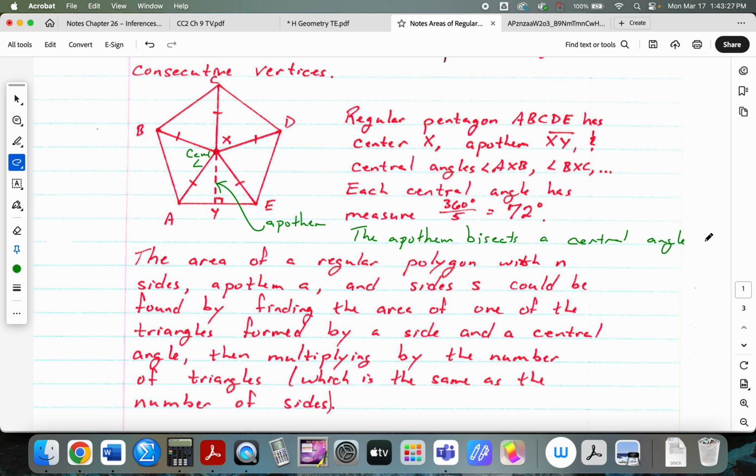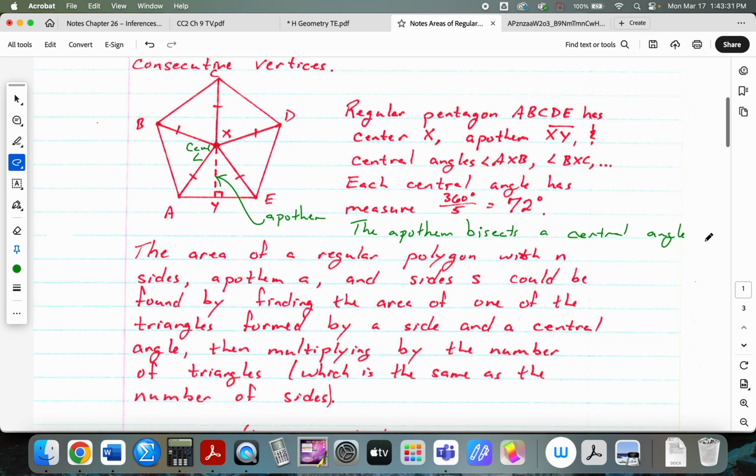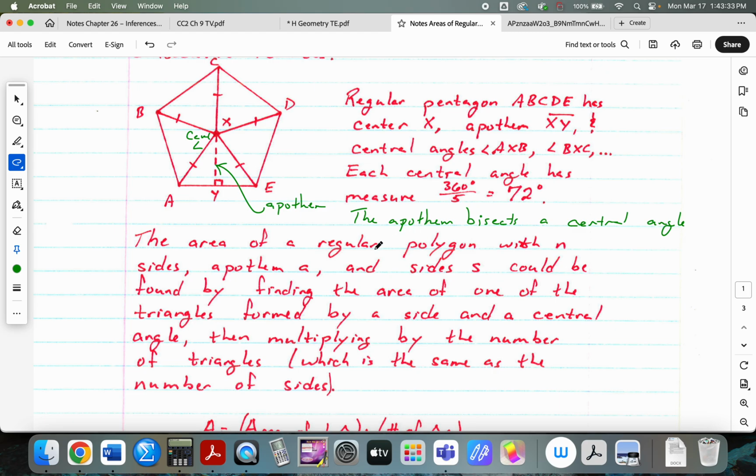Now, how do you find the area for this whole thing? Well, we're going to need to define some terms here. N is going to be the number of sides, just like we used when we did n minus 2 times 180 to find the sum of the angles of the polygon. That hasn't changed. For the apothem, we're going to use A.